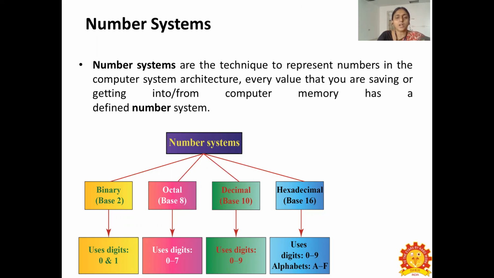We have a number of number systems here listed as binary, which uses digits 0 and 1 with base 2, and octal which uses digits 0 to 7 with base 8, and decimal number system which uses 0 to 9 with base 10, and hexadecimal number system with digits 0 to 9, alphabets A to F with base 16.